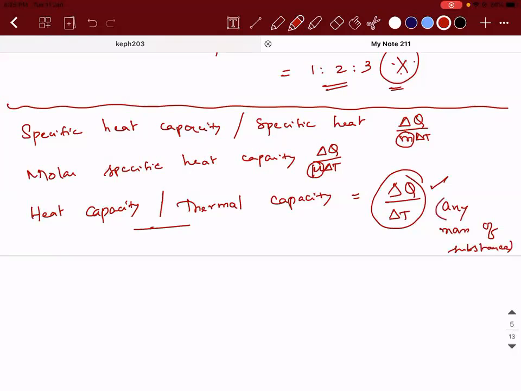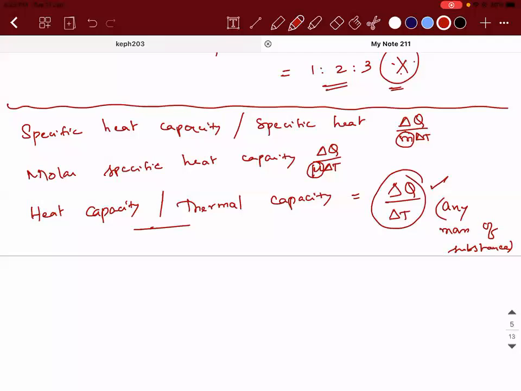Means if you have to define a parameter called heat capacity, you will not be concerned about mass. Whether you take 1 kilogram of water, 2 kilograms, or 3 kilograms, you can define a quantity called heat capacity or thermal capacity for that material. But if you want to define specific heat capacity, then you need to be particular that you need only 1 kilogram of that substance.